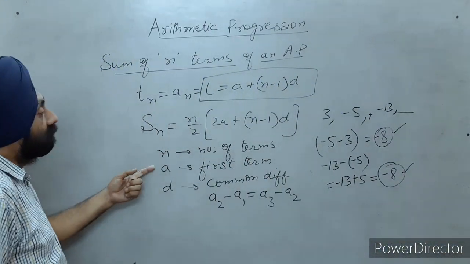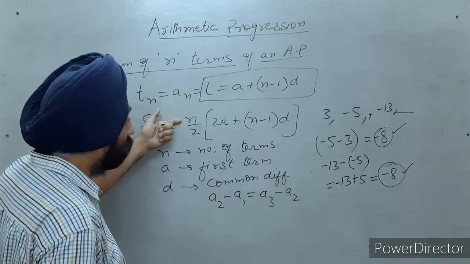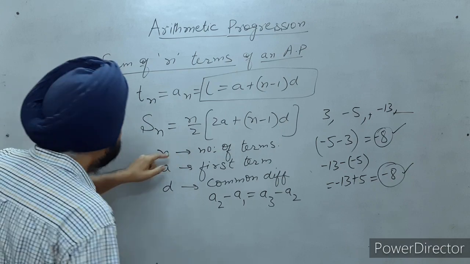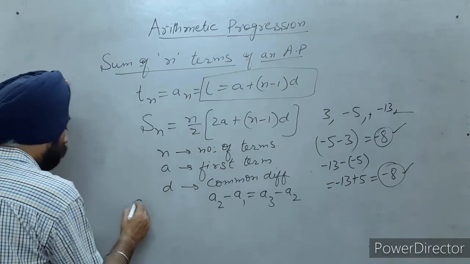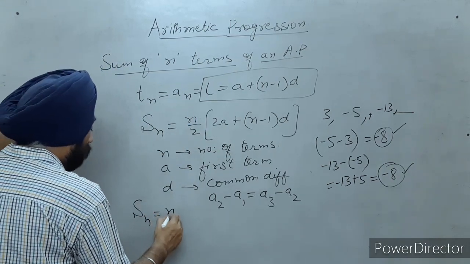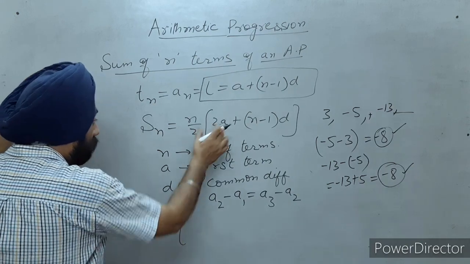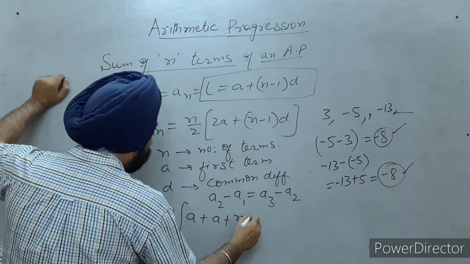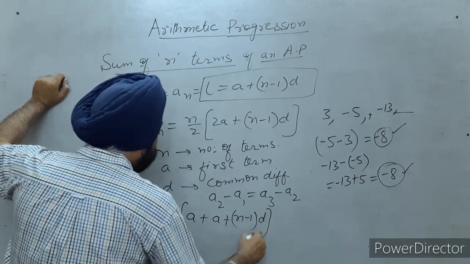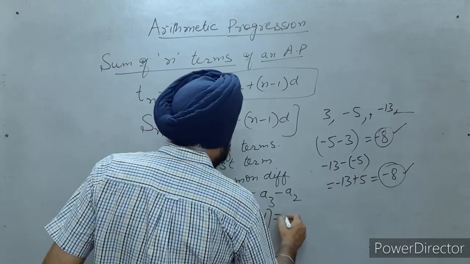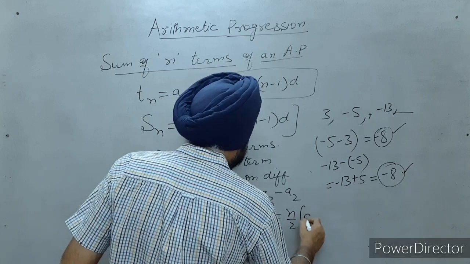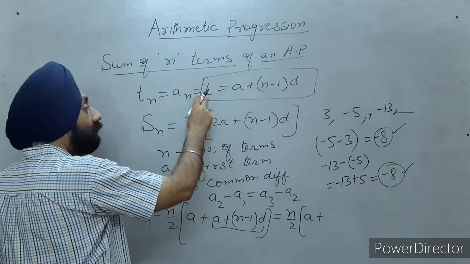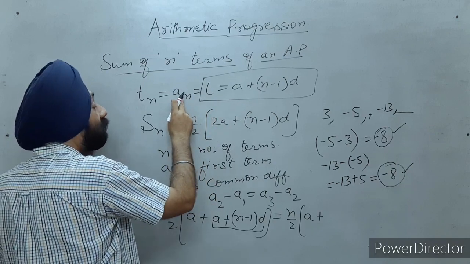Okay? A is the first term, n is the number of terms, d is the common difference. We can modify this if we know the nth term now, that is Sn is n by 2. Okay? This 2a I can split as a plus a plus n minus 1 into d. What happens? It is n by 2 a plus, this was your last term or the nth term.